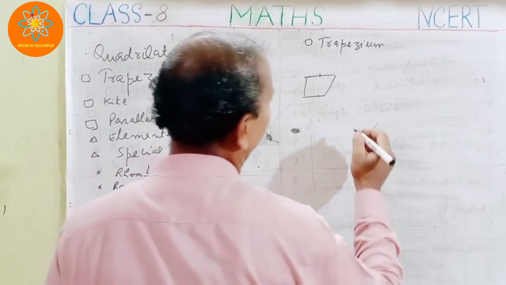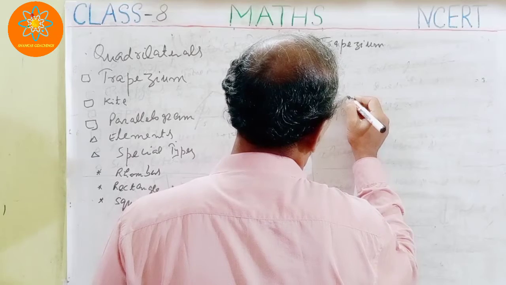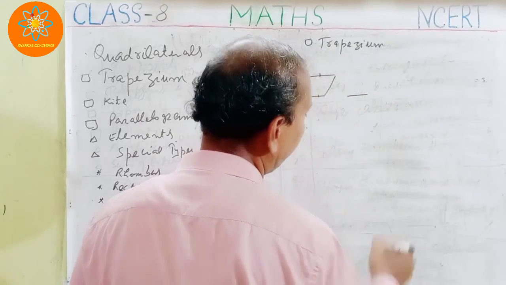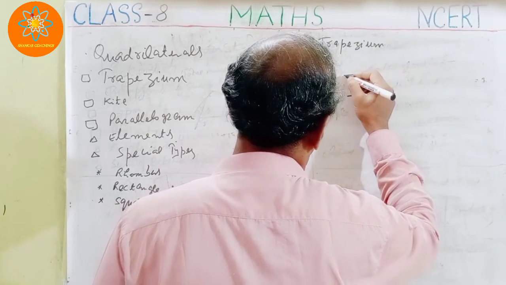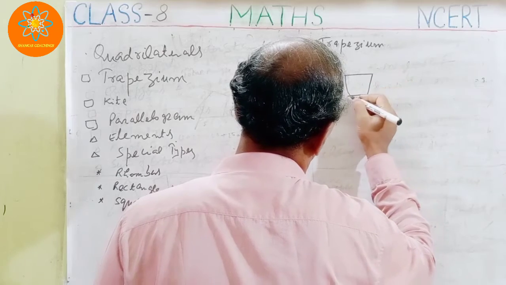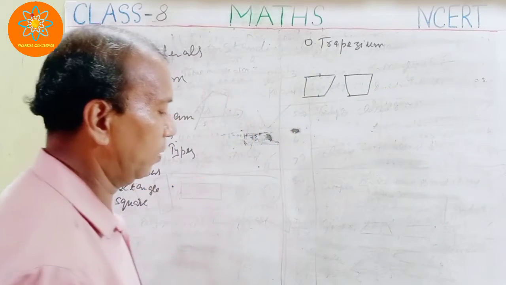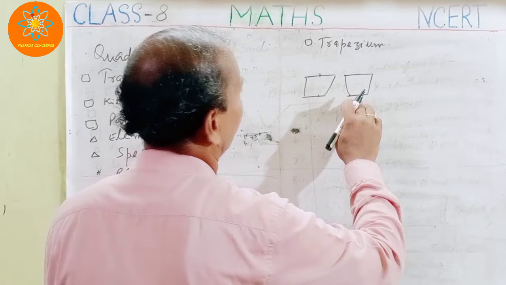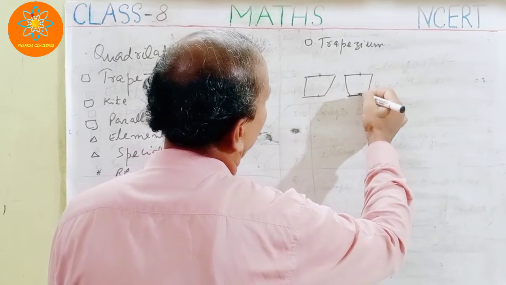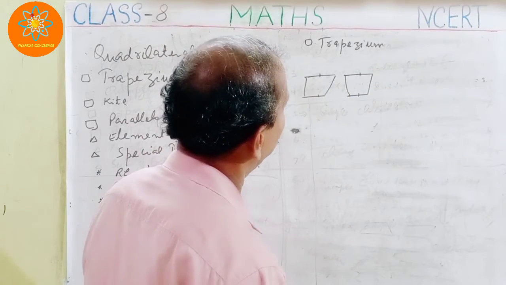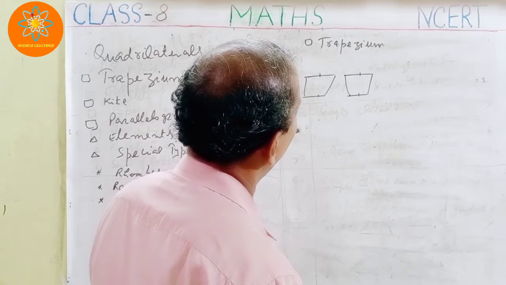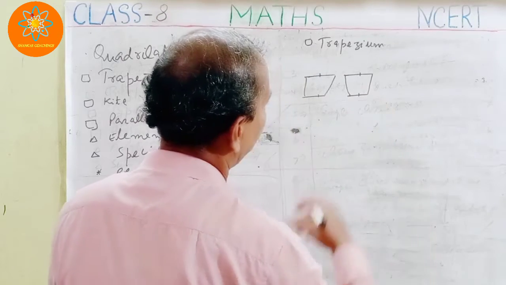Likewise, one more is there, like this. This is also a trapezium. Why? Because these two sides are parallel. So this is an example of the trapezium.